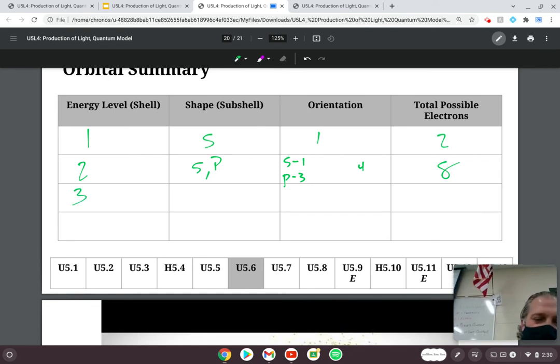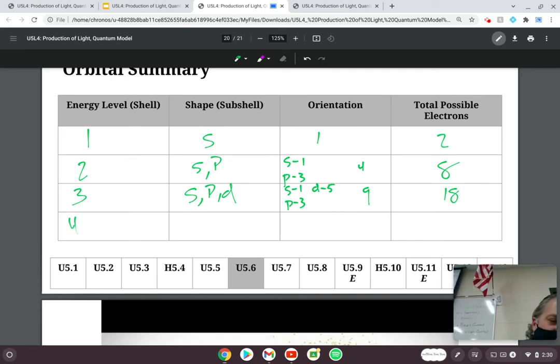The third energy level can have the S, the P, and the D subshells. So we have S as 1 orientation, P is 3 orientations, D has 5 orientations for a total of 9. And that will hold potentially 18 electrons.